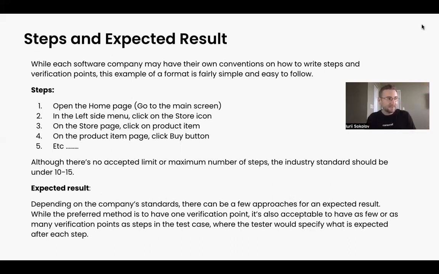And sometimes QA engineers like to omit certain actions and start their steps in the middle of the page hierarchy, or in the middle of some other action, and it actually messes up the whole test case flow. So my rule of thumb is this: you always start writing test cases from the home screen or the home page.